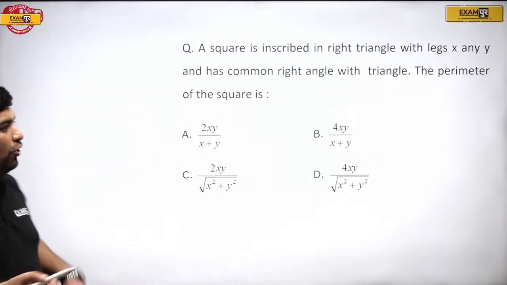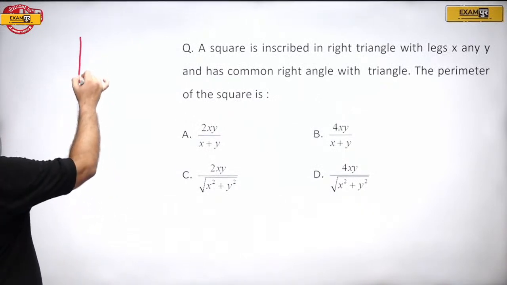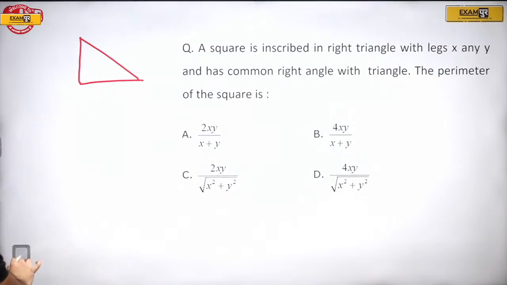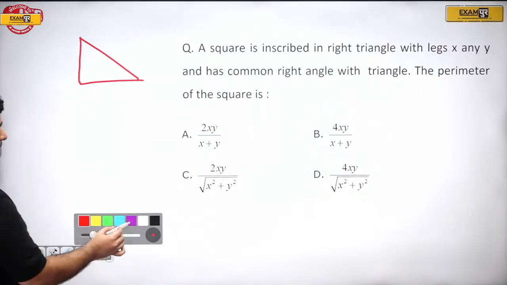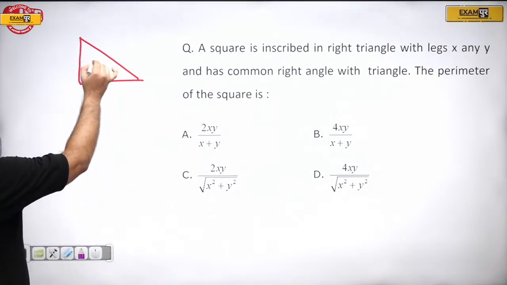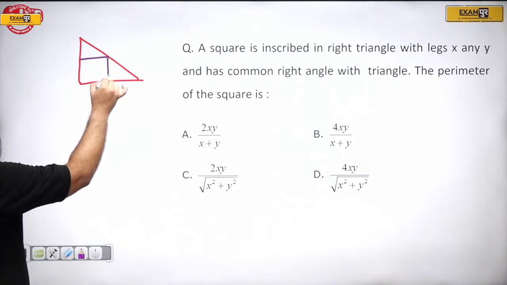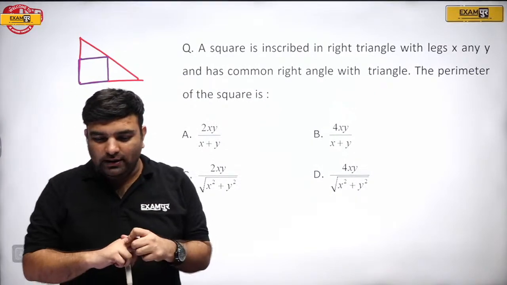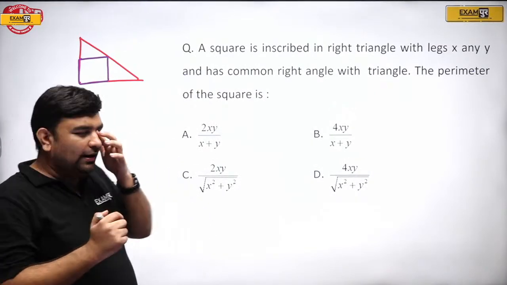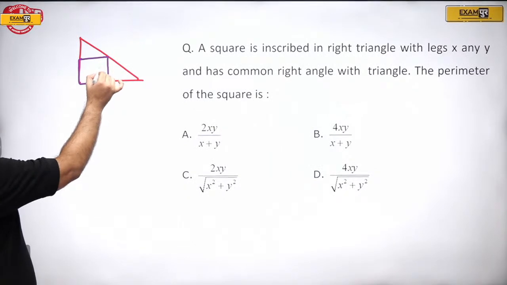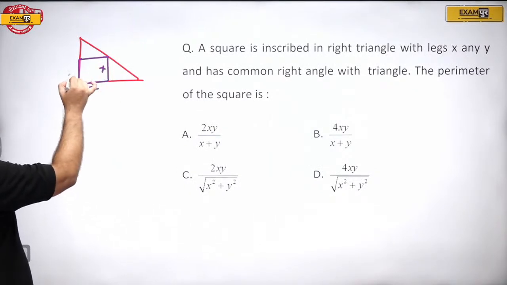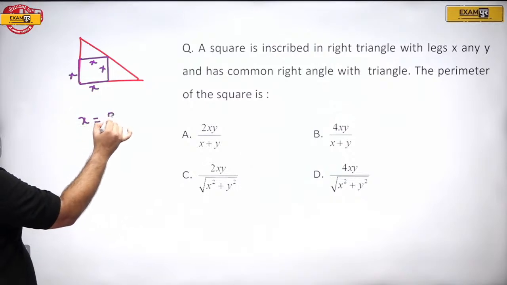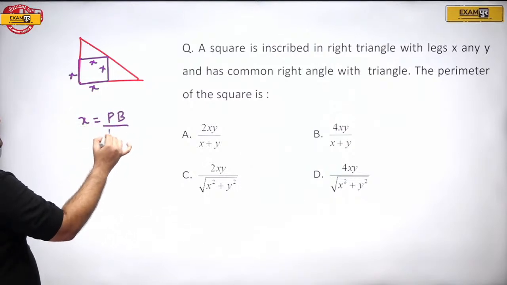No one is remembering, only Harika remembers it. Whenever you draw a square inside a right angle triangle, if let's suppose the side is x, I must have told you this x is perpendicular into breadth upon p plus b.